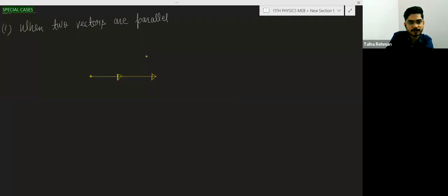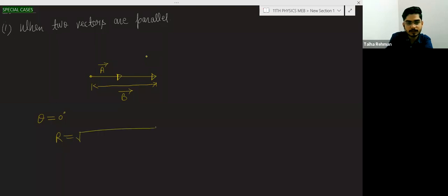Suppose this vector is the a vector and the other vector is the b vector. Both of these vectors make an angle of 0 degrees, so theta is 0 degrees. So you want to find the resultant.